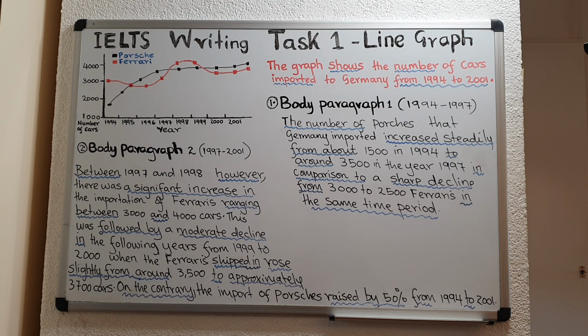So between 1997 and 1998, however, there was a significant increase in the importation of Ferraris, ranging between 3,000 and 4,000 cars. Although by the end of 1997 there was a sharp decline in the number of Ferraris that Germany imported, at the beginning of 1997 and 1998, there was a significant increase from 3,000 to 4,000 cars.